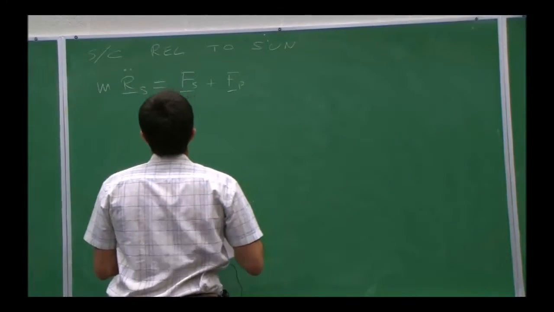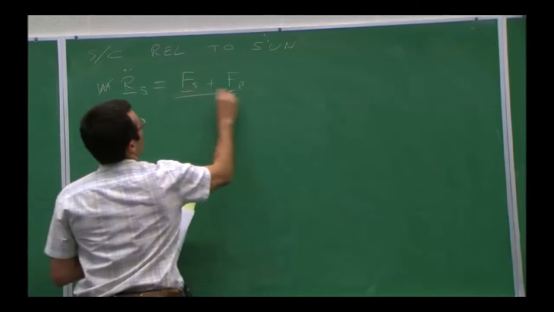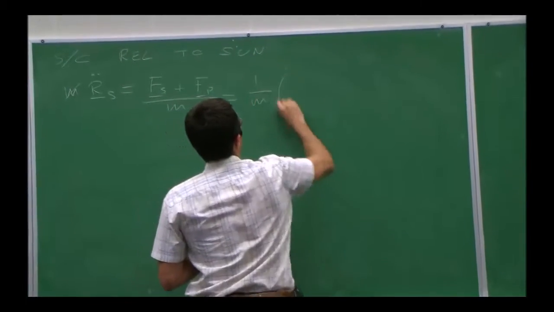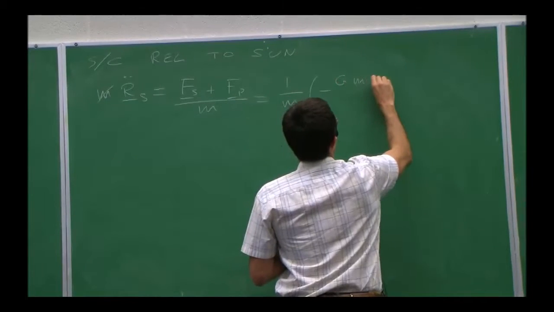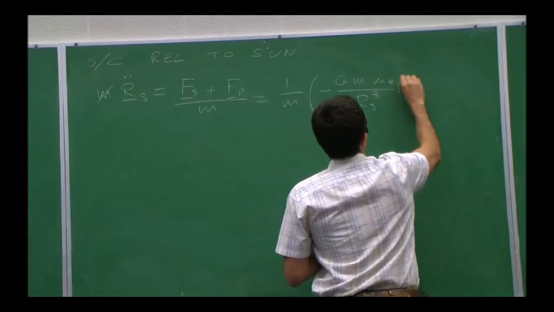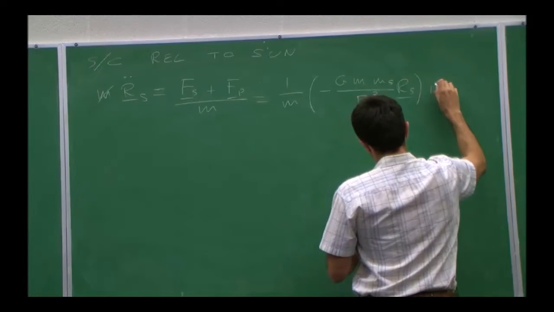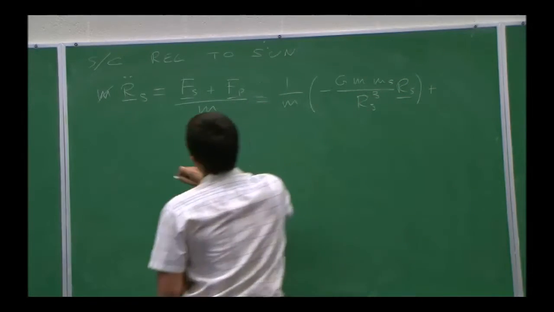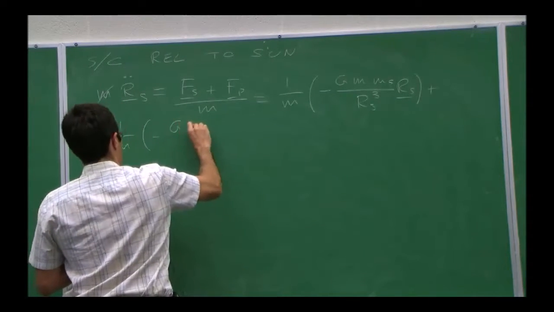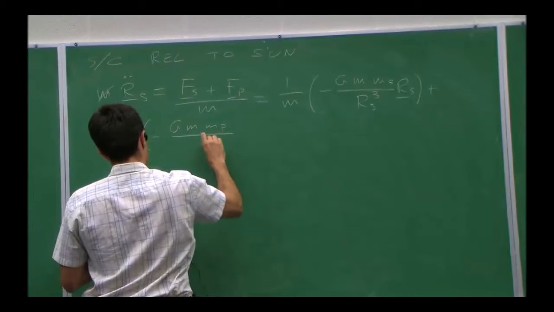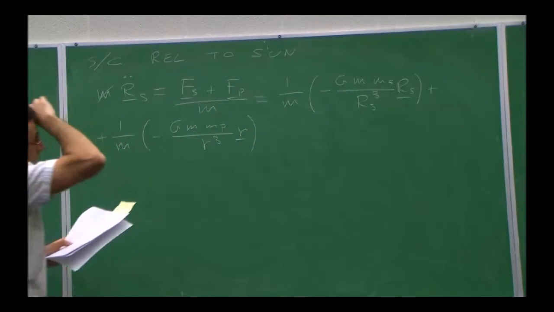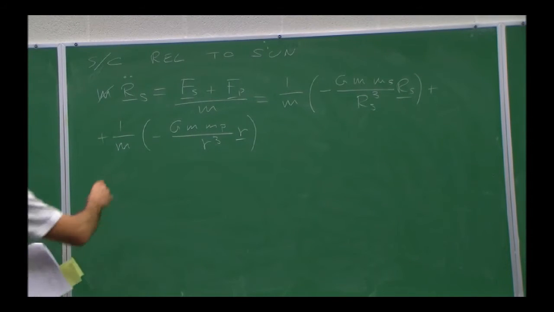If you divide, of course, by the mass, you get the acceleration, and that will look like minus G Ms over Rs cubed, Rs vector, plus, go down here, minus G Mp over little r cubed, r vector. You can do your simplifications, of course. The mass goes away everywhere here.